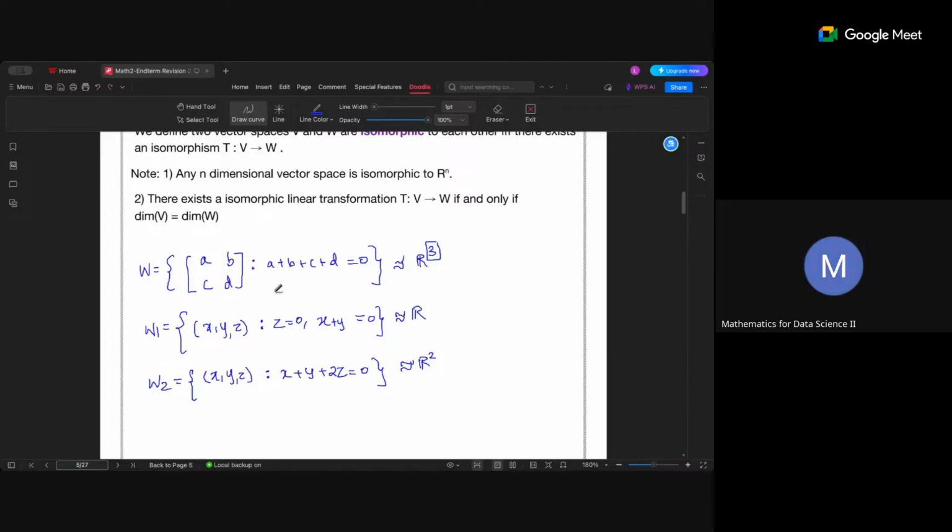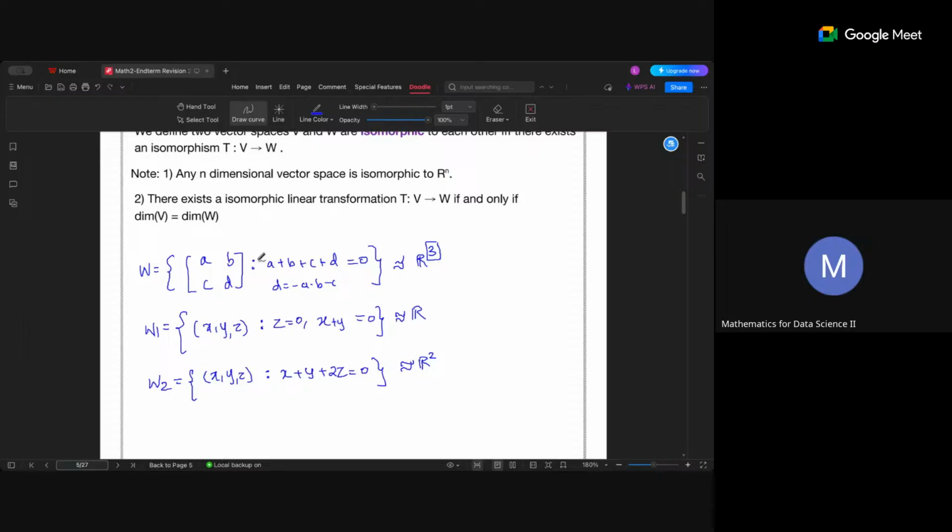See, what we have done here is simply replace a variable. For example, I am taking D as minus A minus B minus C, so then you will have only 3 variables. This part I actually covered in the previous session, in the Endterm session as well as in the live session. So if you have attended, you know that this space has dimension 3 and you can find a basis consisting of 3 vectors. If this has dimension 3, then it is isomorphic to R3.